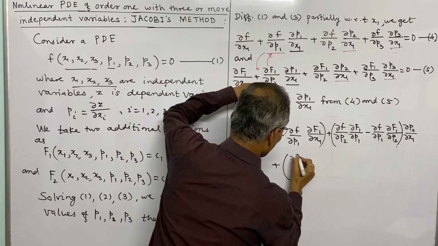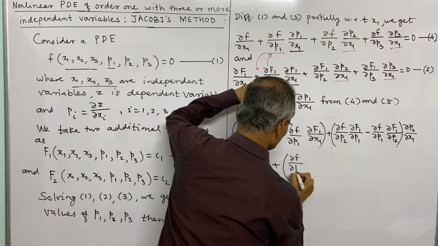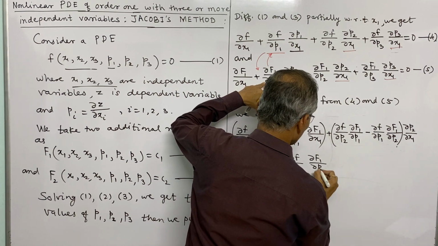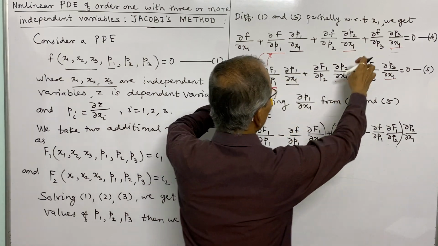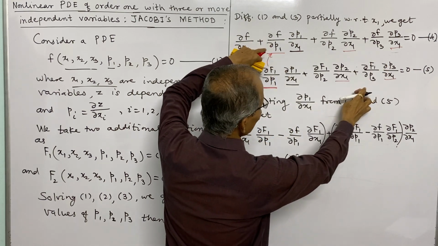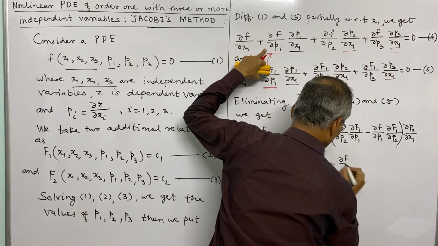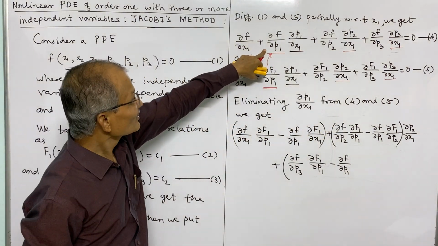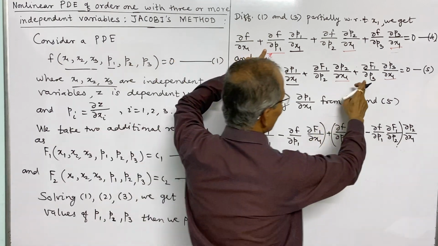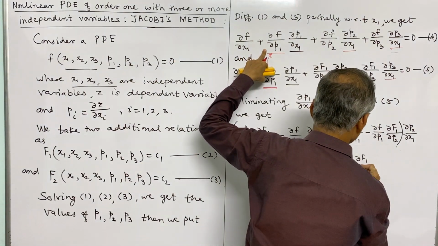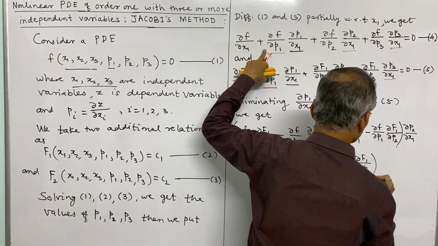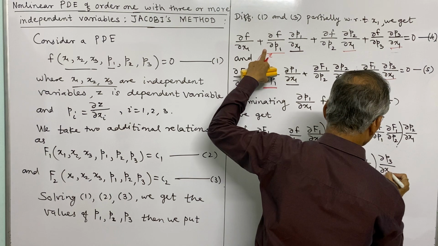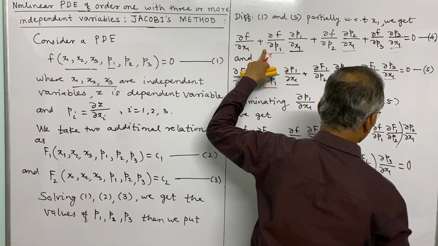So that is ∂f/∂p3 into ∂F/∂p1 minus the product of these two, which is ∂f/∂p1 into ∂F/∂p3, and this is ∂p3/∂x1, and the right side is 0.